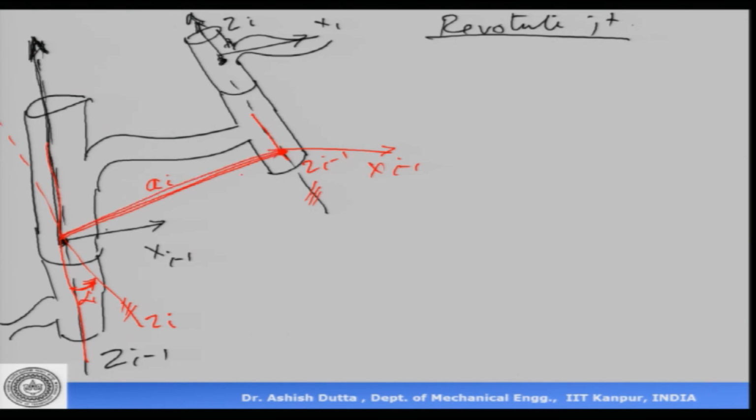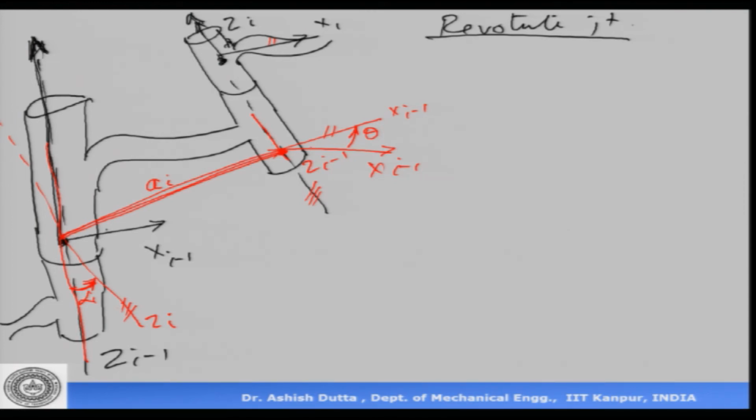Now, we can see that the origin is on this axis but the x's are not aligned. So, what I do next is I rotate this x axis x i minus 1 by an angle theta and make this parallel to that. So, this is my new x i minus 1. I have rotated the old x i minus 1 by an angle theta and made it parallel to x i.